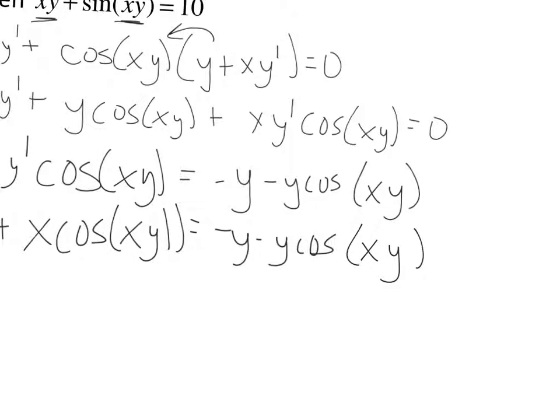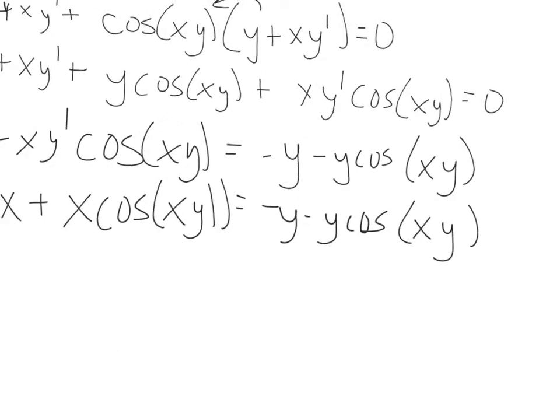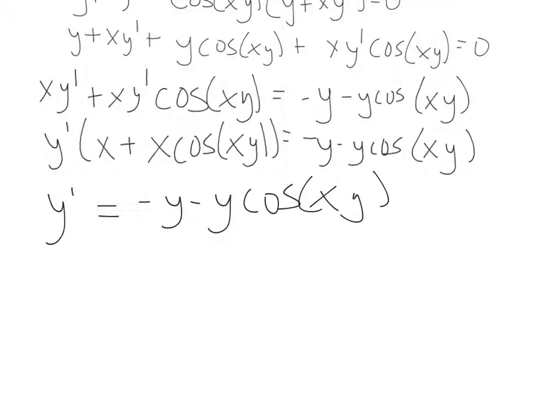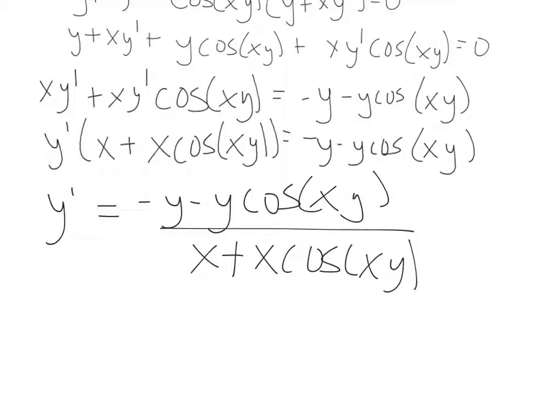And now I'm going to finish this problem by doing the following. I'm going to divide through, giving me this. Now, important note, this is a correct answer, but on the AP test, when this question showed up, this was not the answer given. The answer given was this.